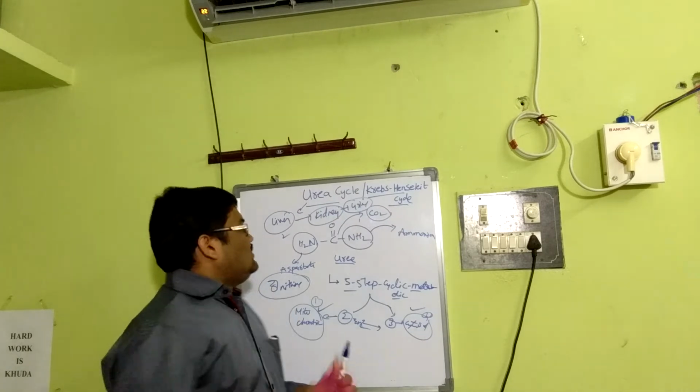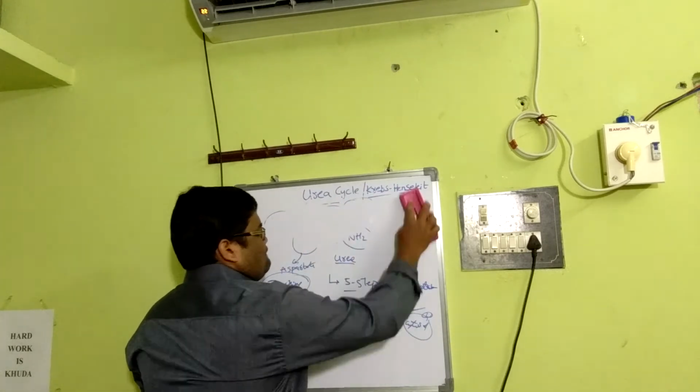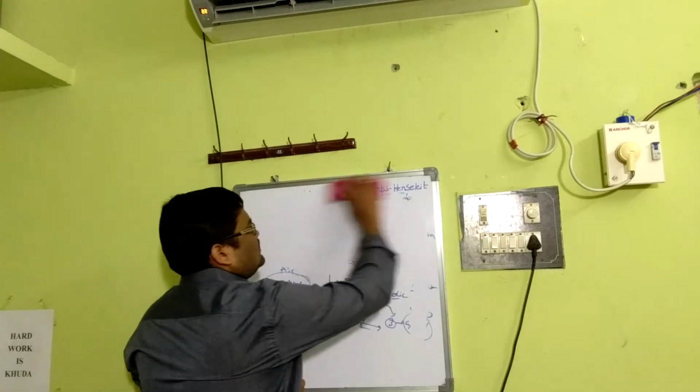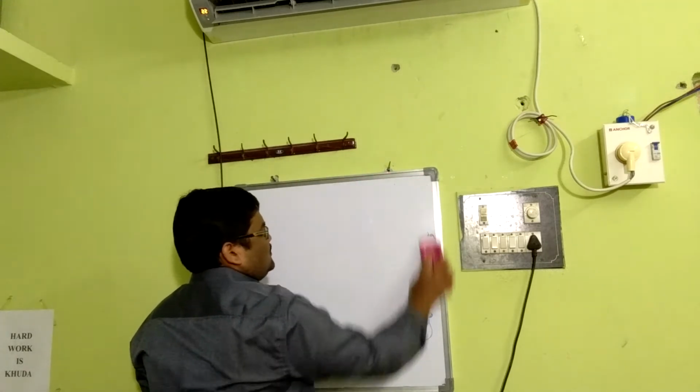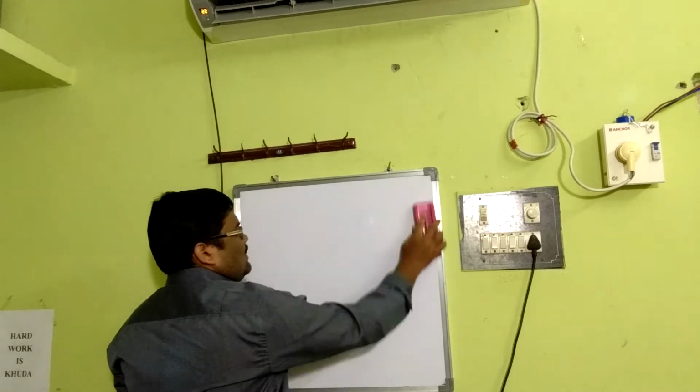Let us come to the urea cycle. As we discussed, it's a 5-step metabolic cycle.